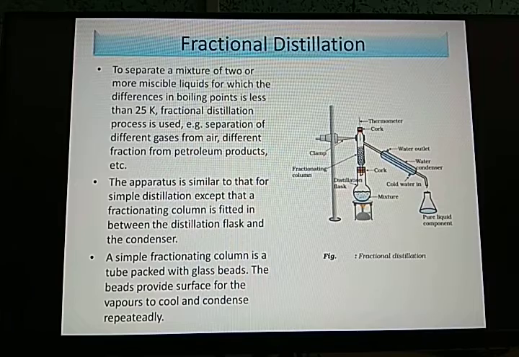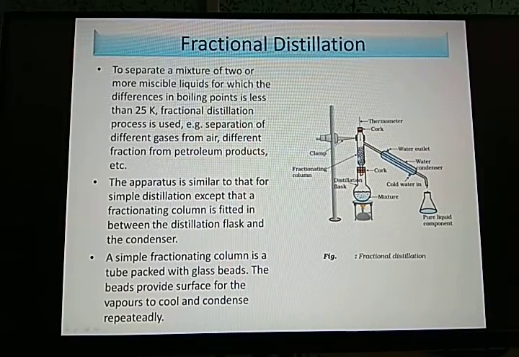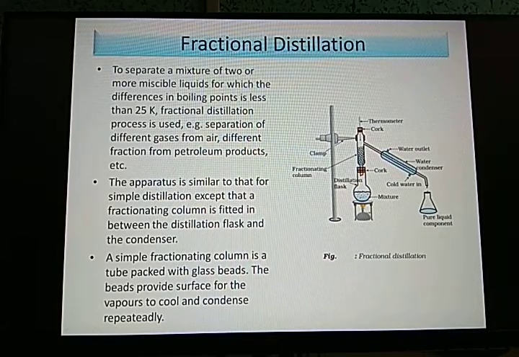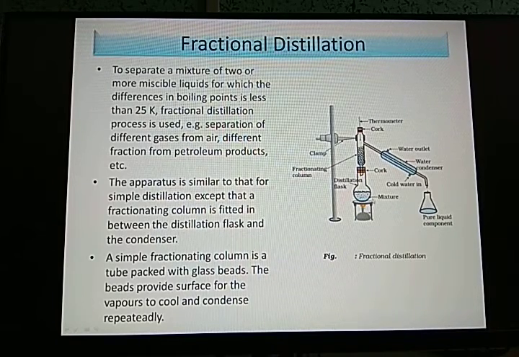What actually happens is that in the lower portion of this fractionating column, the vapors are at a higher temperature than the vapors at the upper portion. So as soon as the mixture starts to vaporize, it will reach the glass beads, where the temperature is a little higher compared to the upper portion.